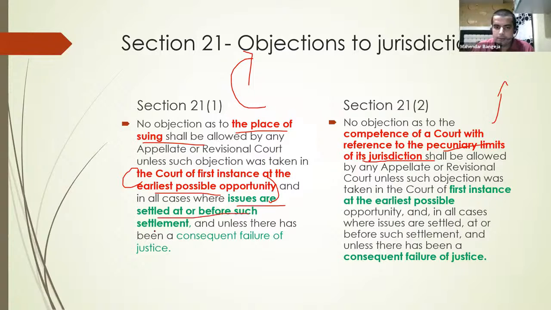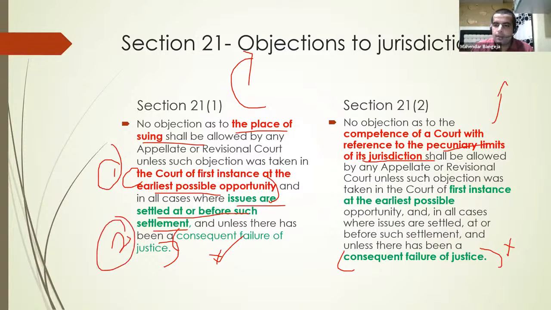And you will have to prove that there has been a consequent failure of justice. If you do not prove, then nothing will happen. Clear? So two conditions are there. One, court of first instance में आपको raise करना है और earliest possible opportunity में raise करना है, if possible before the settlement of issues. And दूसरा आपको prove करना है कि consequent failure of justice है. Same here.